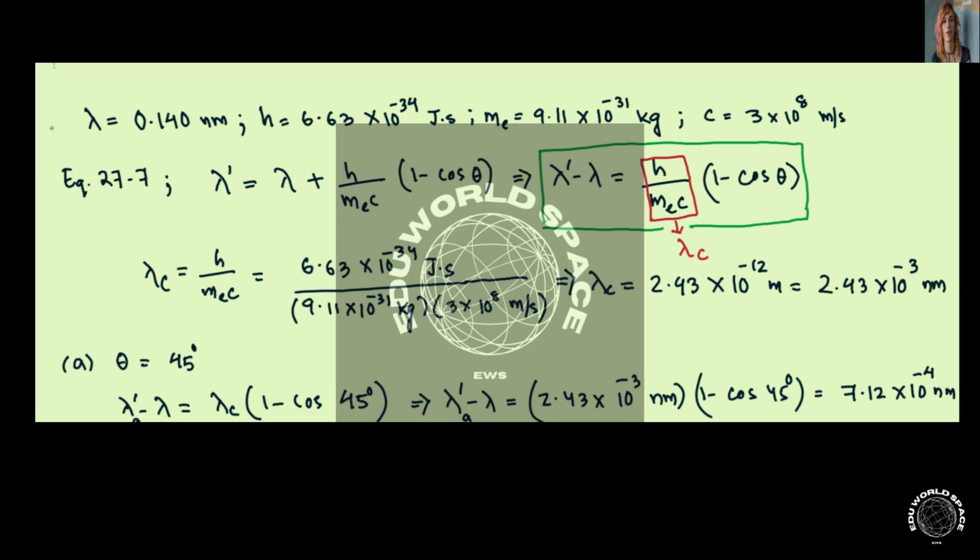So let's move to part B now. So for part B, theta is 90 degree. So lambda dash minus lambda, I'll say this as lambda dash B, is equal to lambda c times 1 minus cos of 90 degree.